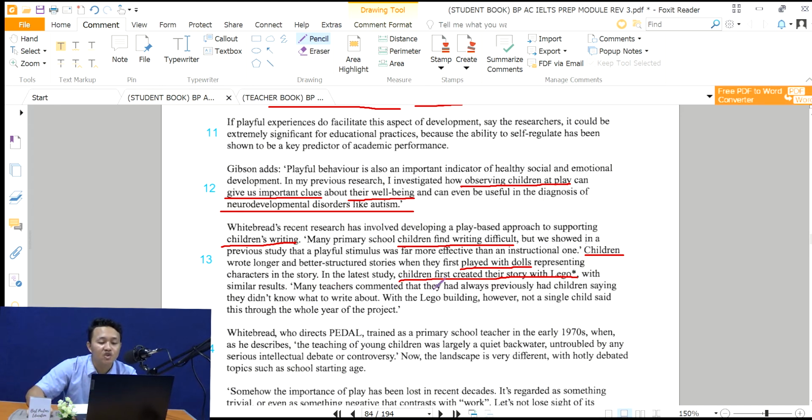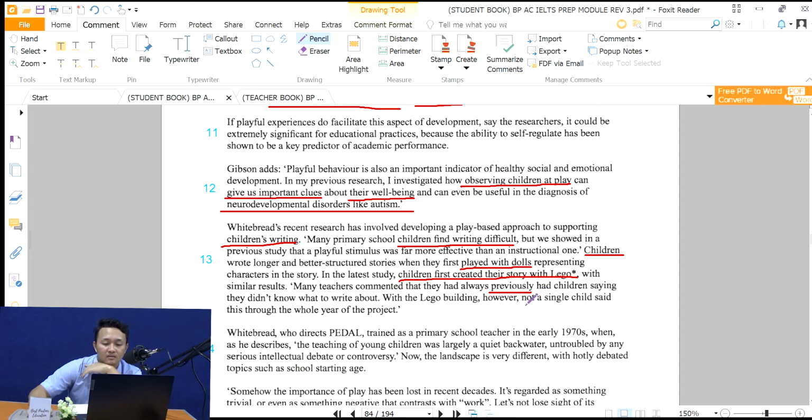In the latest study, children first created their story with Lego, with similar results. Many teachers commented that they had always previously had children saying they didn't know what to write about. Previously means before they used the Lego.